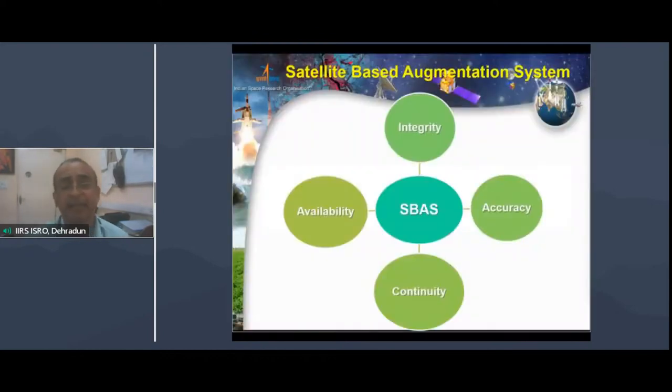So satellite based augmentation means its availability, second is integrity in the data, accuracy and continuity. So it is continuous, it is accurate, it has integrity, and it has availability. And that is the role of SBAS. Overall, we get the data with very good accuracy.